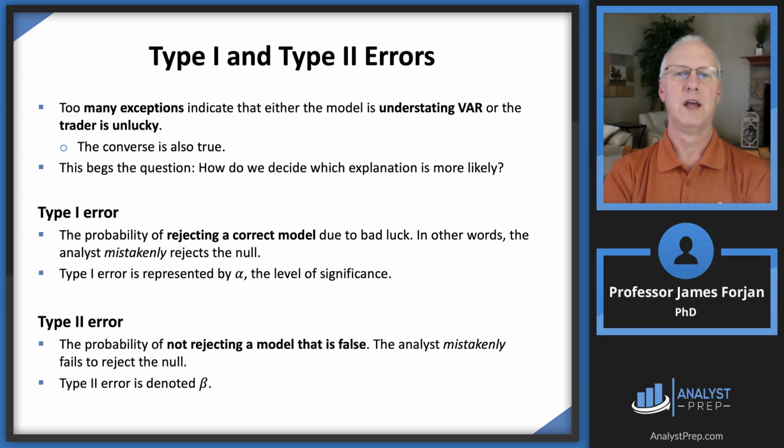This is when you fail to hire a portfolio manager who is superior. And so probably the big takeaway there is the definition of those two. And just remember that type 1 error is represented by alpha, and type 2 is represented by beta.